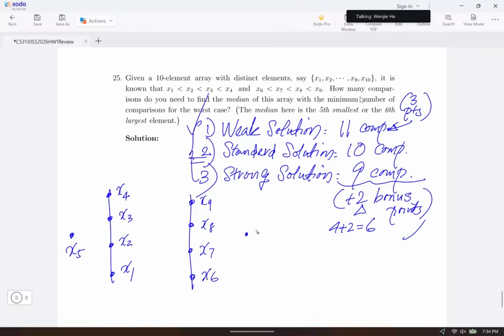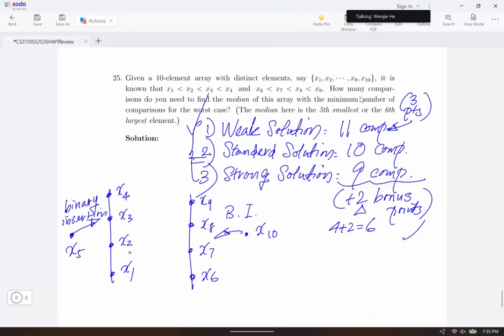Then X10 is here. First round, we just do binary insertion. Because when we do insertion, we know binary insertion is better than the sequential insertion, right? So we do binary insertion here, and also here.